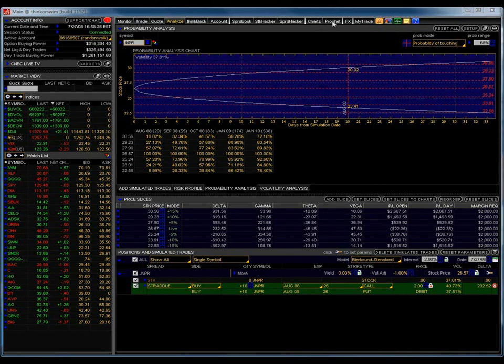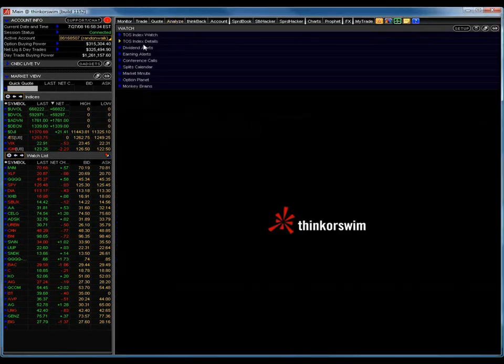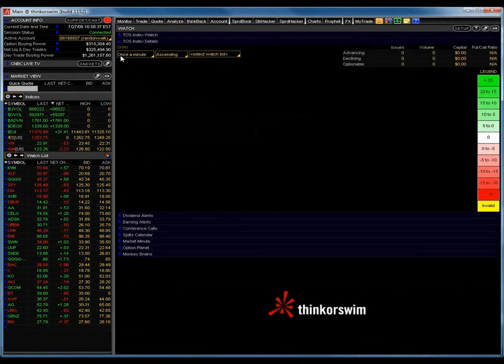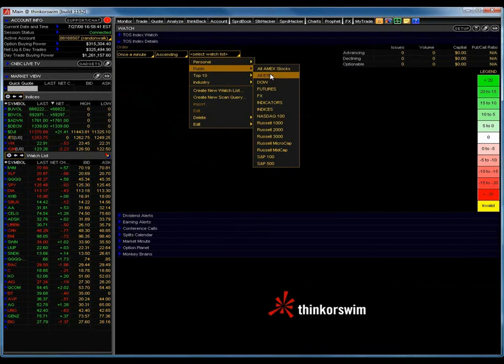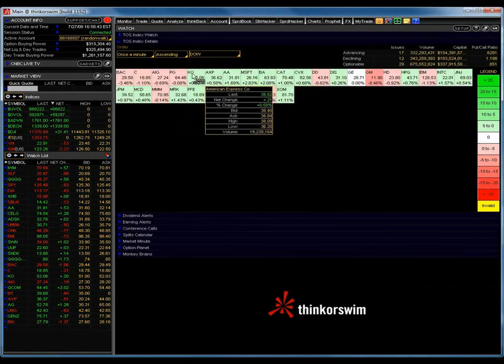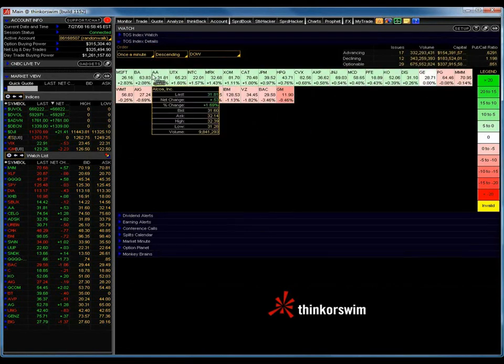Now, as I mentioned, you can get your list from any place that you like. You can have your own watch list set up. You can go into the TOS tab here for index details, and you can take a look at any of the ETFs, the Dow. You can pretty much select any issue that you want, as long as it's liquid, as long as it's trading at least 1 million shares a day.